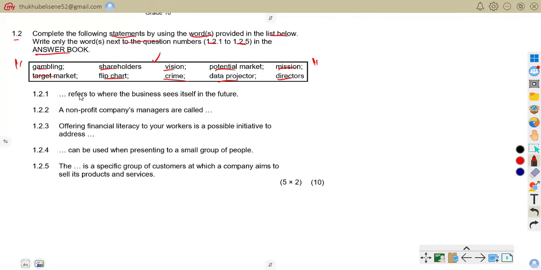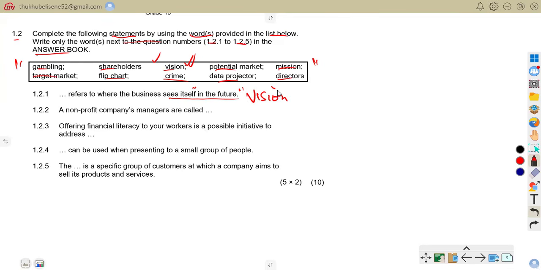1.21. Dash refers to where the business sees itself in the future. Once it talks about the future, that's when we know that vision is the correct answer. Vision refers to where the business sees itself in the future.